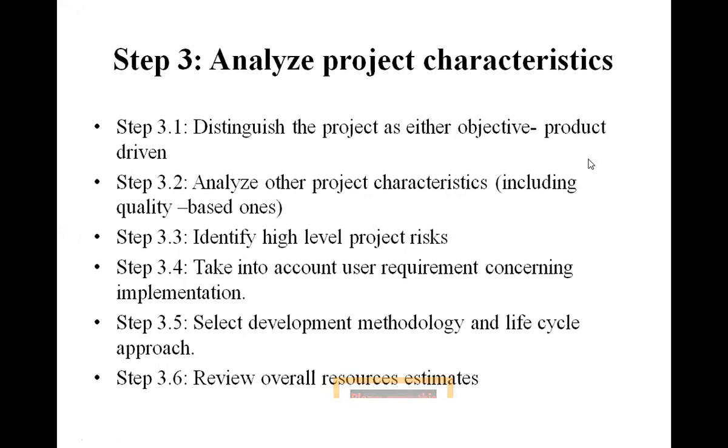So in step 3, we decide whether our project is objective based or product based. Objective based means the project has a result. If the project has a product or deliverable, we call it product based.